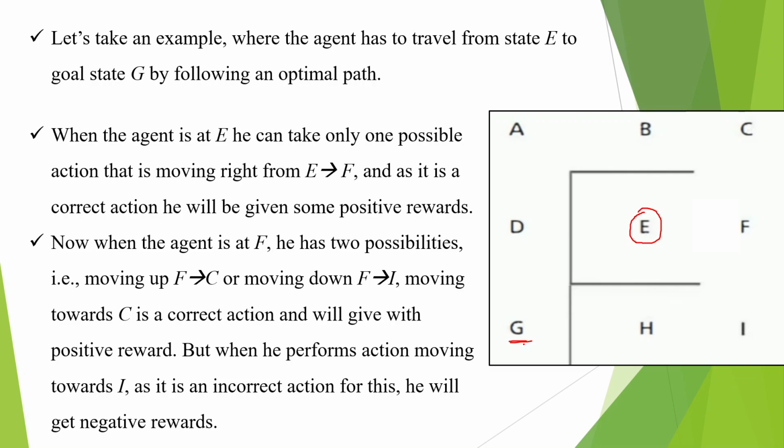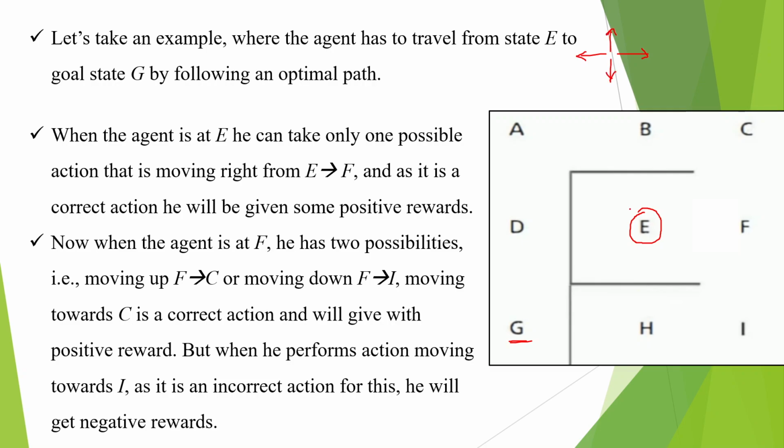Okay, so when the agent is at E, it can take only limited possible actions. We have here a blockage, so it cannot move from E to B, and it can move in only 4 possible directions, that is towards right, towards left, towards up, and towards down.